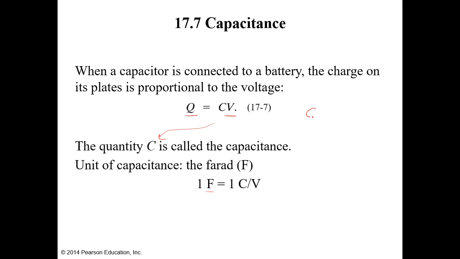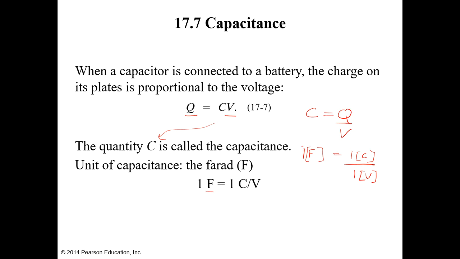If we were to solve for capacitance here, that would be charge divided by voltage. So 1 farad is going to be 1 coulomb divided by 1 volt. So that's another way to think of a farad: a coulomb per volt.